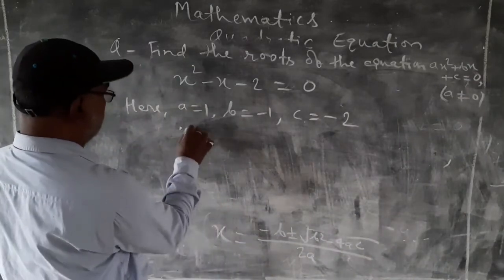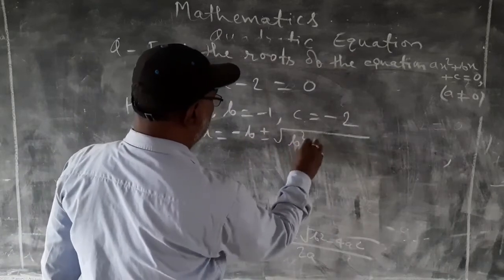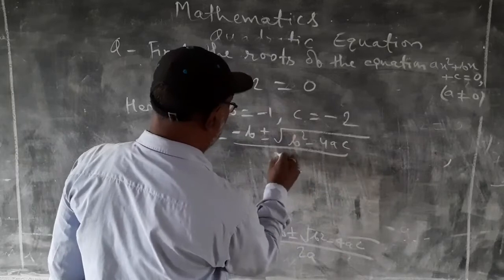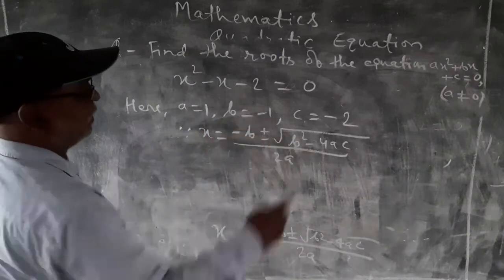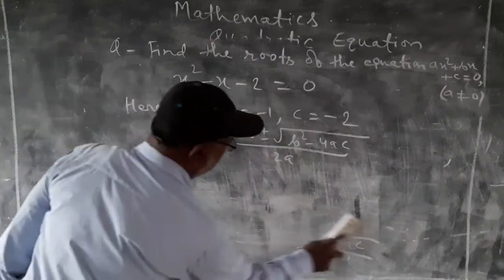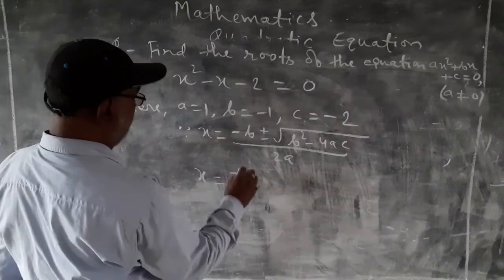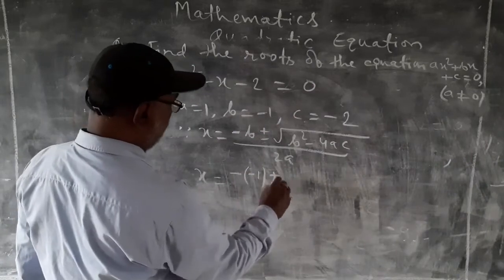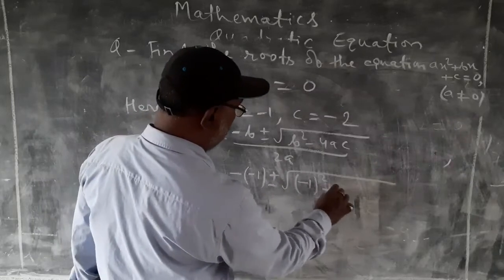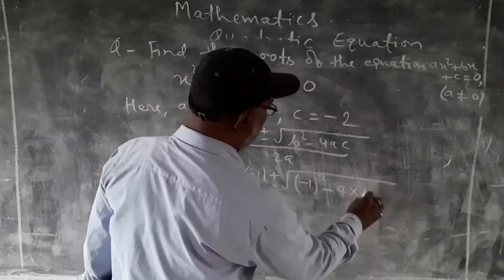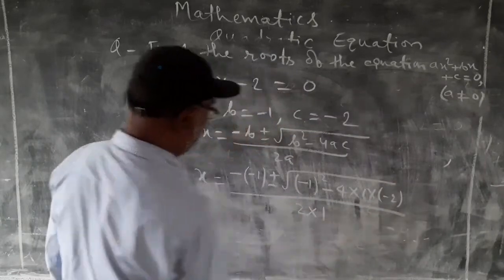X equal to minus b plus minus root b square minus 4ac by 2a. On putting the values of a, b, c as 1, minus 1 and minus 2 respectively, we have x equal to minus b, that is minus 1 in place of b, plus minus under root b square, that is minus 1 whole square, minus 4ac, where a is 1, c is minus 2, divided by 2a, and a is 1.